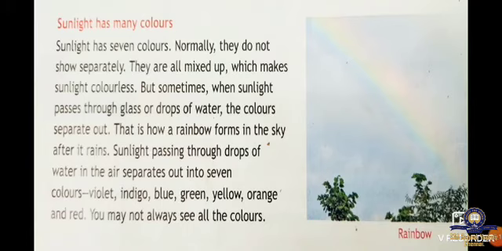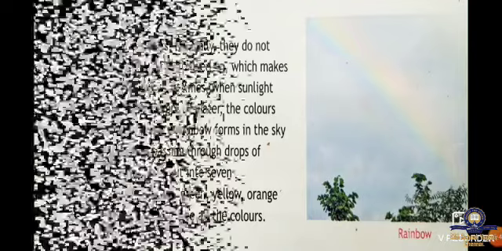So VIBGYOR is the short form for all the colors: violet, indigo, blue, green, yellow, orange, and red. You may not always see all the colors. How does the rainbow form? Sunlight passes through drops of water in the air and separates into 7 colors.